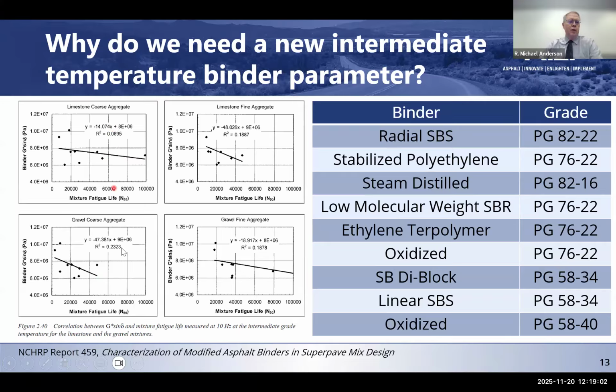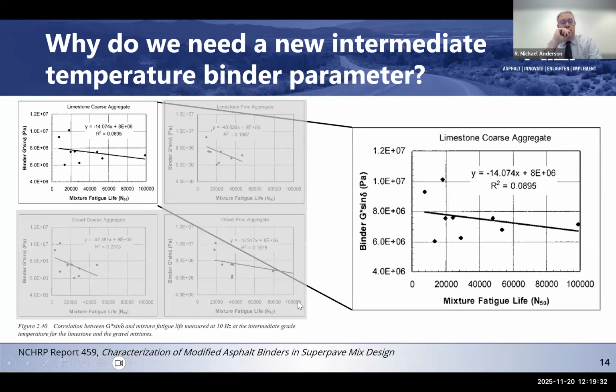But these were for 2 different types of aggregates and 2 different types of gradations, so limestone and gravel, coarse and fine, with 9 different modified binders used within that study. This is what the response looked like in terms of mixture fatigue versus binder fatigue. And you can see correlations are not particularly good in this study. If we highlight just the top left graph, you can see it a little bit better.